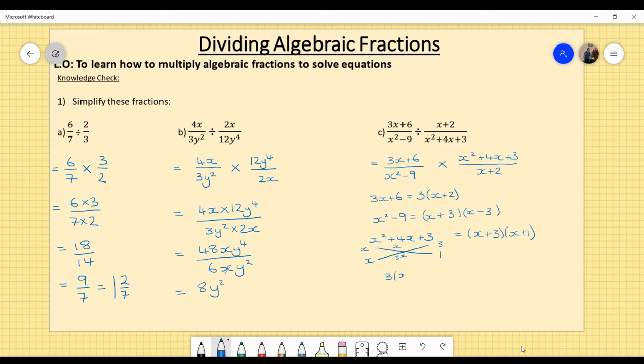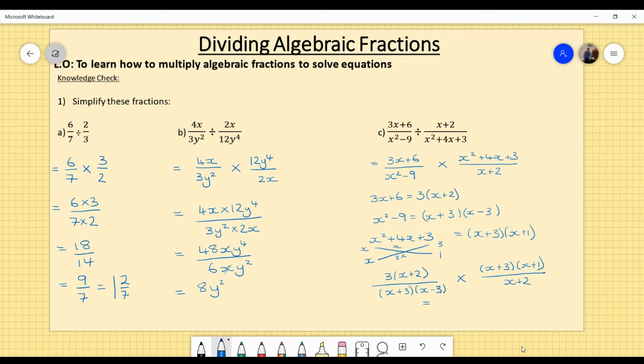Okay, right, let's put it all together, and then we will end up with 3 bracket x plus 2 over x plus 3, x minus 3 at that point, multiplied by my x plus 3, x plus 1 all over x plus 2, and then we can pop it all together.